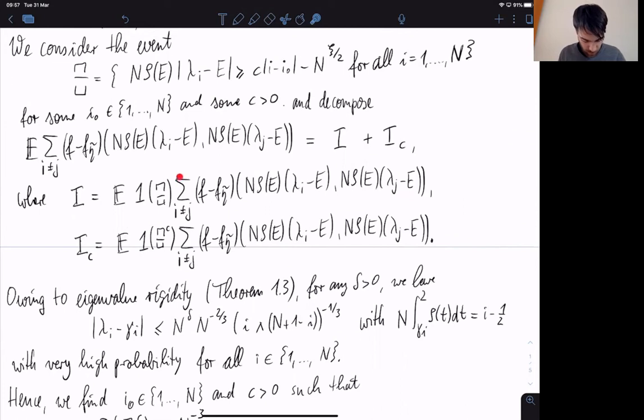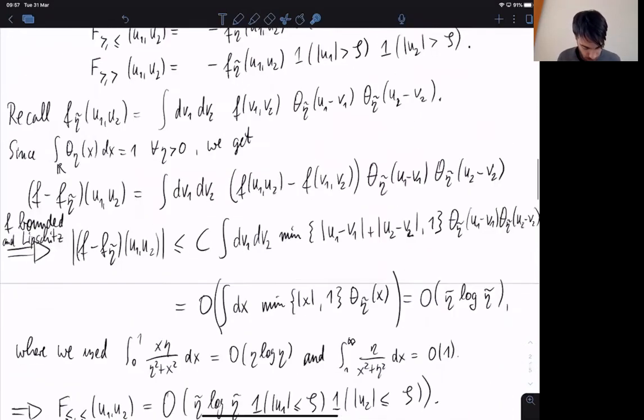Here I get the number of all, well, both of these sums are smaller, so each of these sums, together with the characteristic function, will give me a zeta. And then we anyway have an estimate on each of the terms.